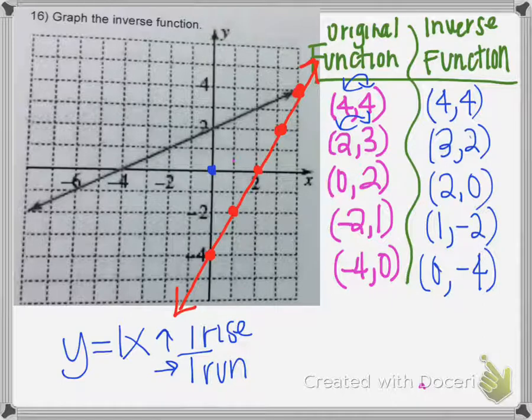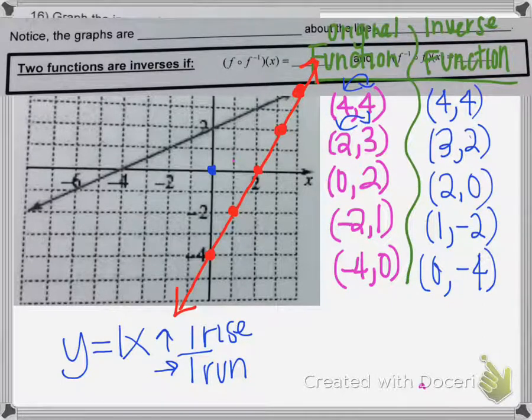If we go up 1 over 1 and we graph this line here, the line y equals x, you will see that if we were to fold the graph on this line, they are symmetrical. So this is showing that a function and its inverse are symmetrical about the line y equals x.